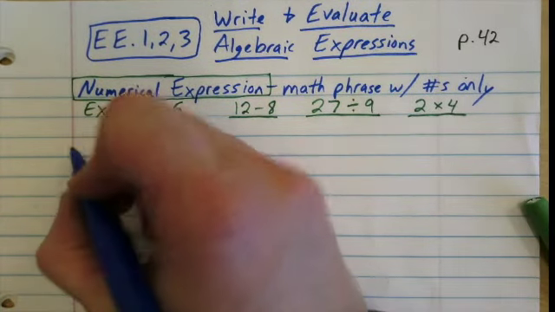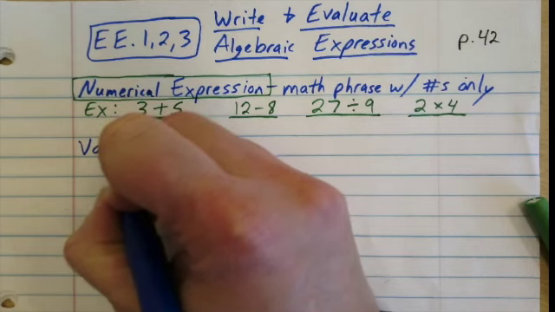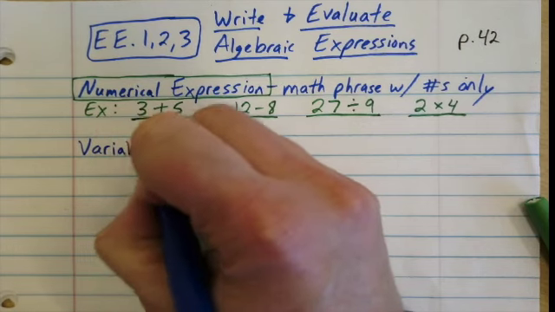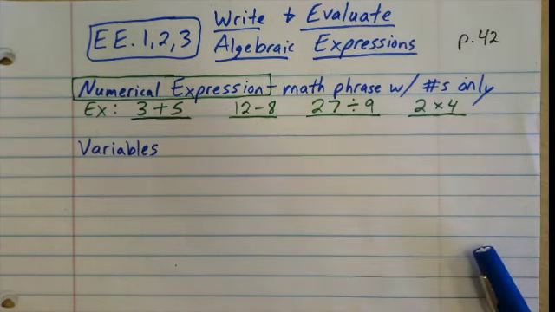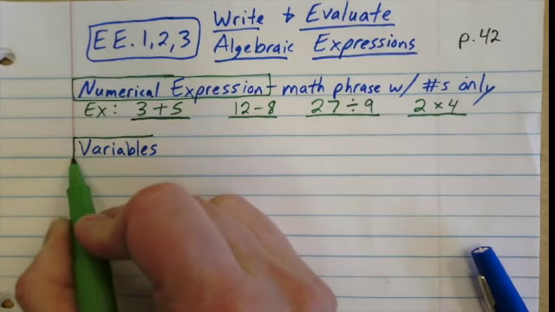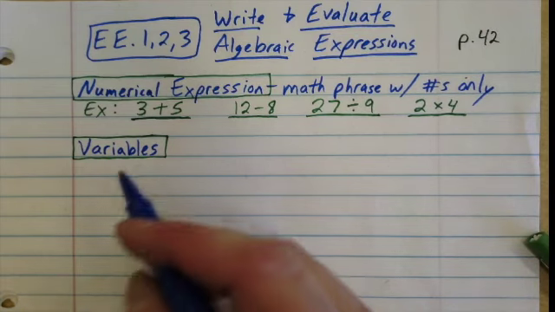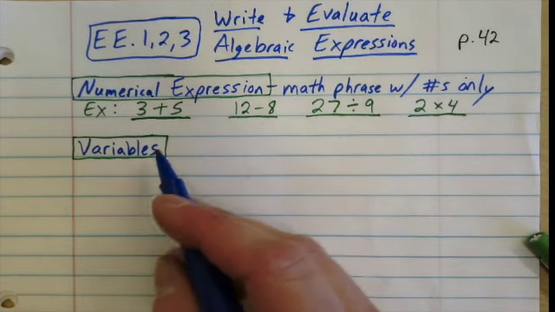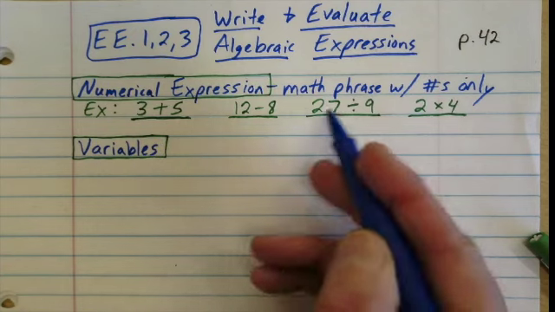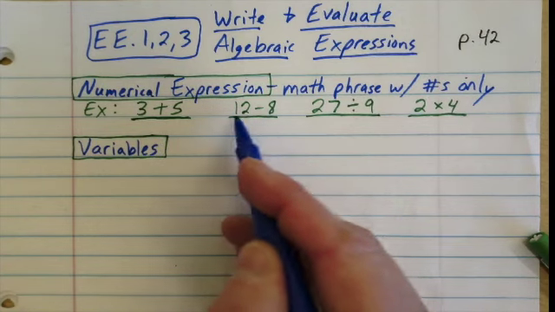Variables is the next term we like to talk about. Variables is just a fancy word for using letters in math. And when you use the letters in math, you always use them as lowercase letters. So when we use variables, it's a letter that could be substituted in for one of these numbers. So instead of saying 12 minus 8, you could say 12 minus x.